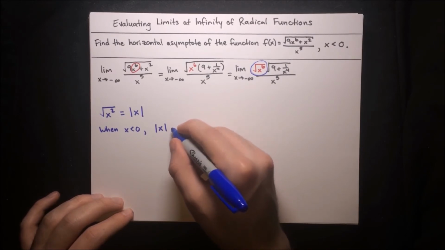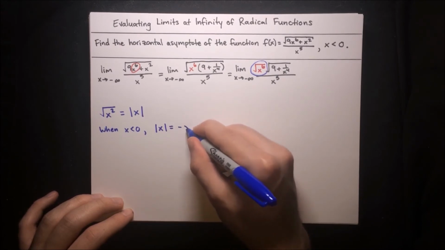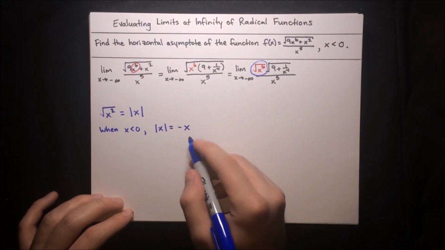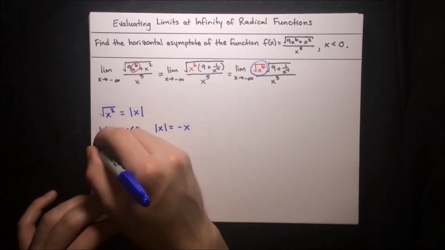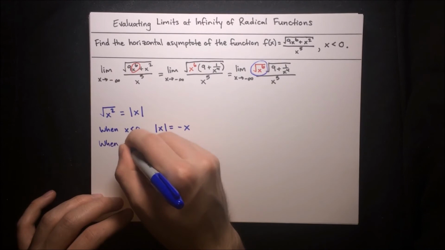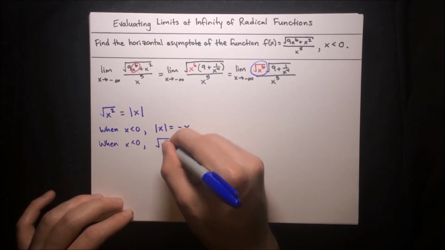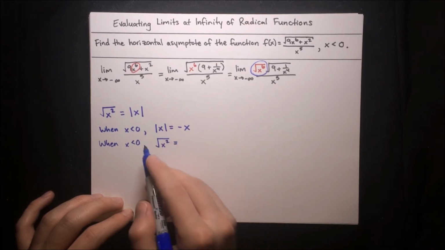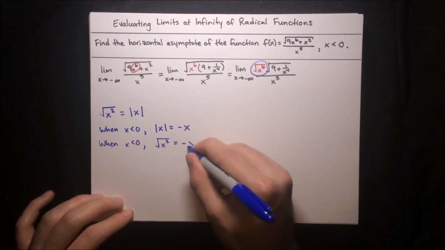So you really have to flip the sign here, and the way you flip the sign is you tack on an extra negative here. So that negative will cancel out the existing negative sign on the x, giving a positive result. So that means when x is less than 0, the square root of x squared is equal to the absolute value of x, which is equal to negative x. So the square root of x squared is equal to negative x.